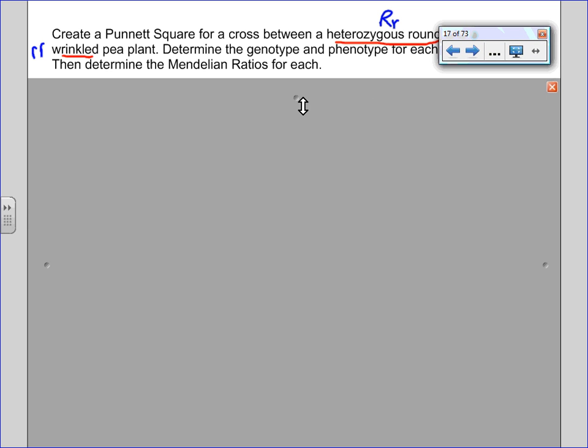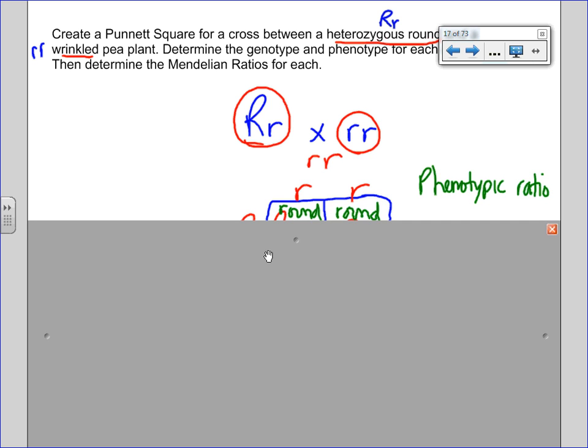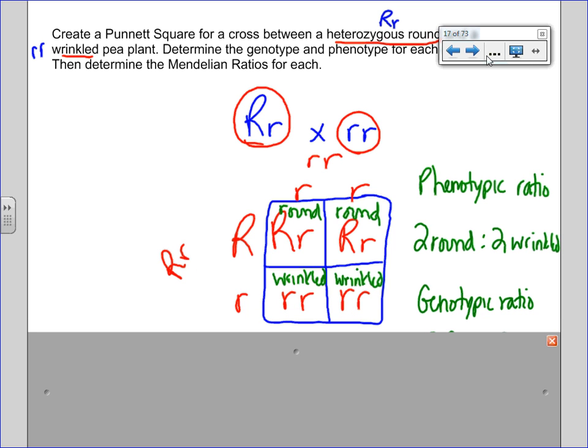When you're doing the Punnett square, you usually write the parent cross: big R, little r by little r, little r. Then you put the parent genotypes along the sides. Here's one parent, and here's the other parent.